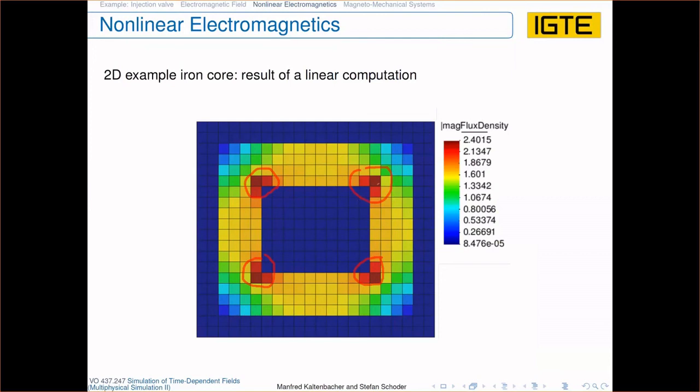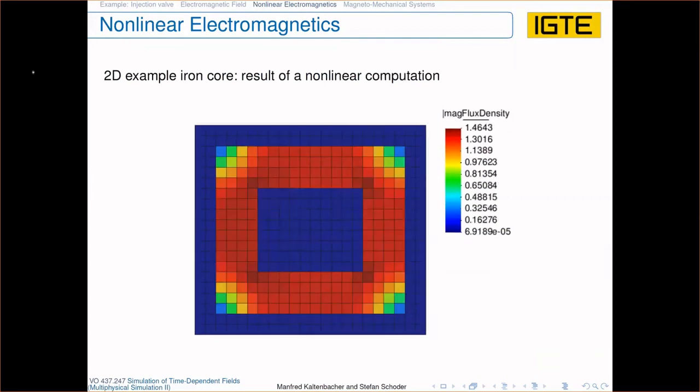It will go to saturation, and then the magnetic flux will also have field lines more outside as shown here, and that is what you get when you do a so-called nonlinear computation.